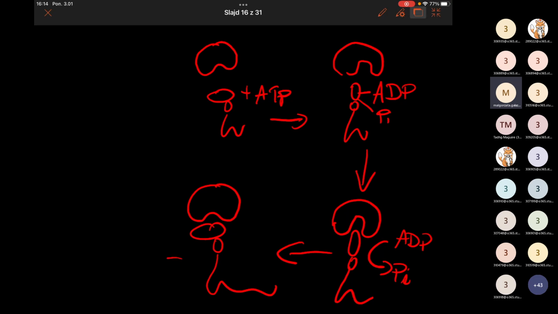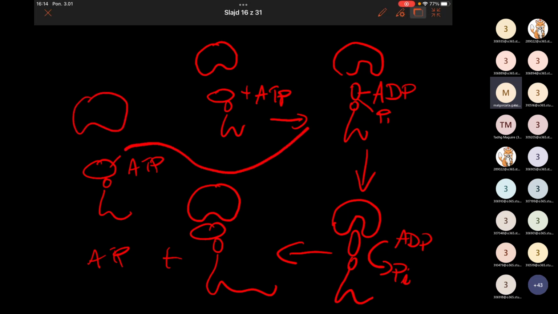The binding of a new ATP molecule causes myosin dissociation from actin, and the whole cycle starts from the beginning. So this is cross bridge formation.